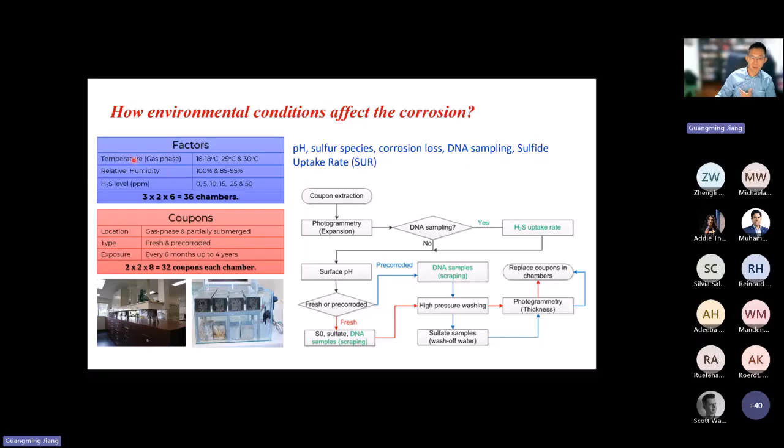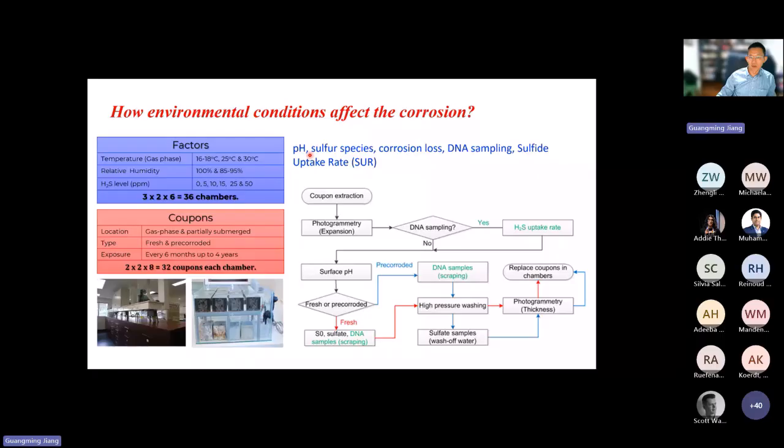So we look at different levels of temperature, relative humidity, different levels of gases such as H2S, and then look at different locations in the concrete pipe system. Some are fresh concrete, some pre-corroded, etc.